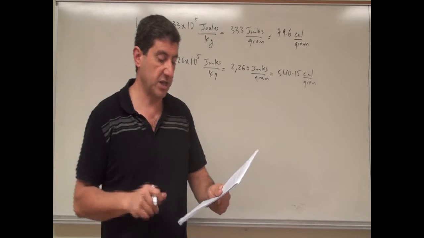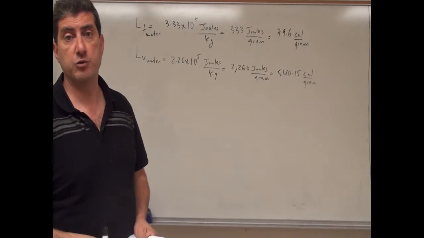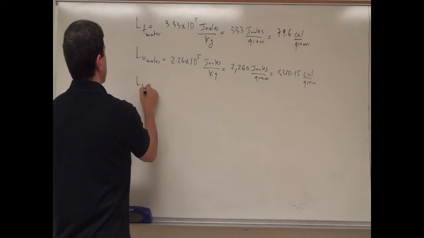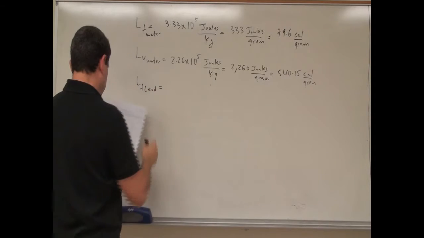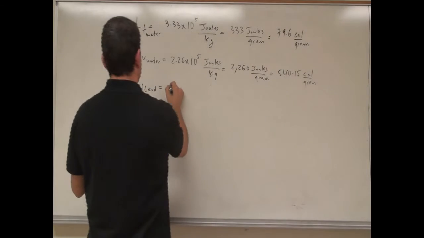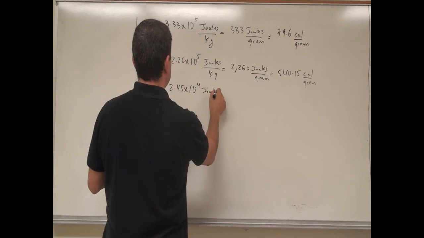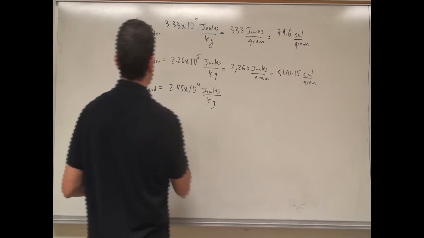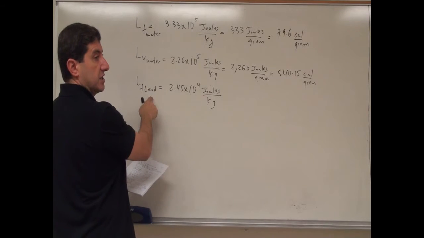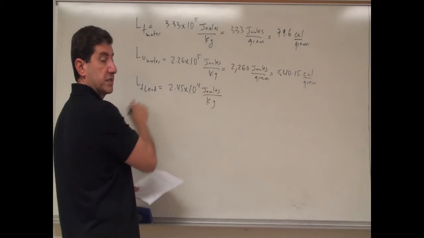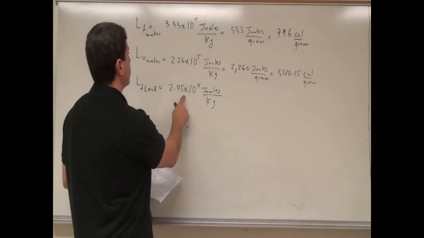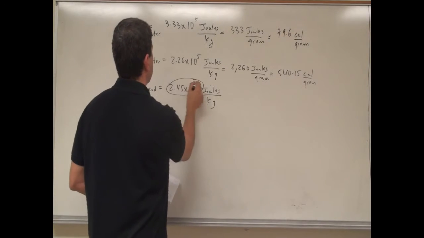Right? Now we can state the heat of fusion of other materials. Heat of fusion of lead is going to be 2.45 times 10 to the 4th joules per kilogram, right? So this is to change solid lead into liquid lead, basically to melt lead, right? Oh, so that's interesting.